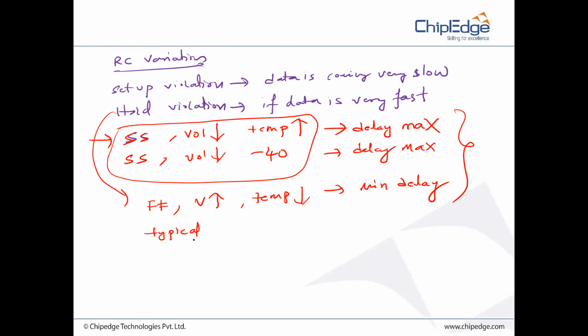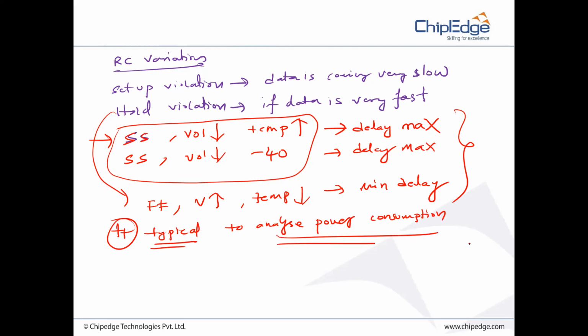Why do people check typical? Why are these cells there then? To analyze power consumption. Is this clear? So this is all about your PVT corners.